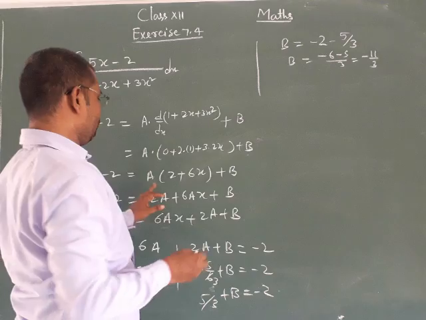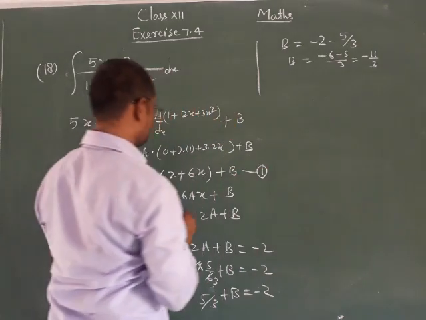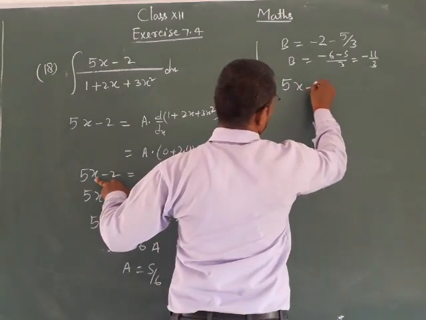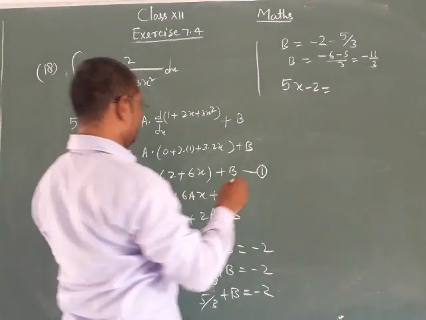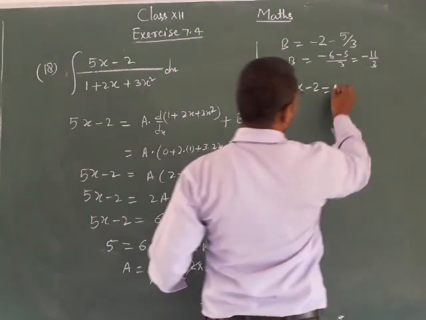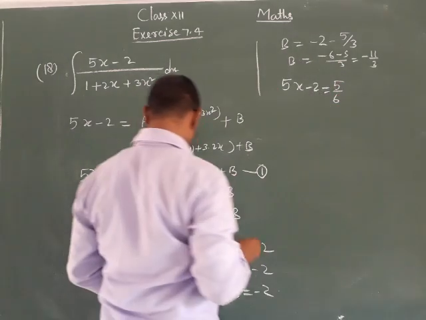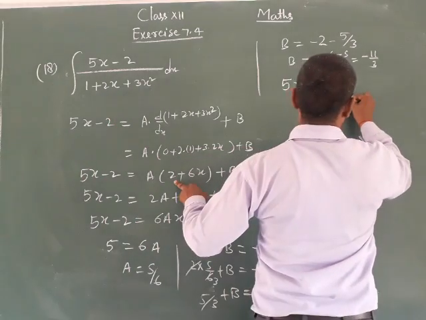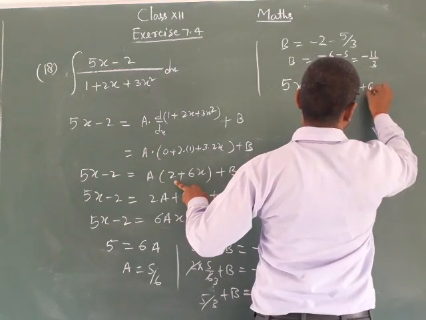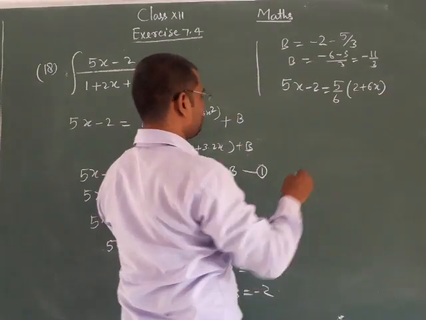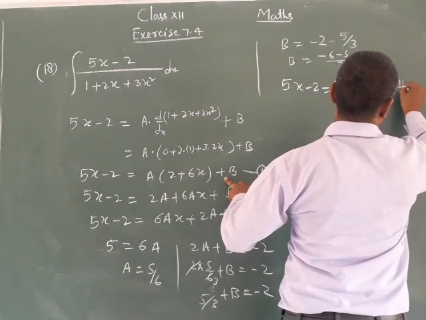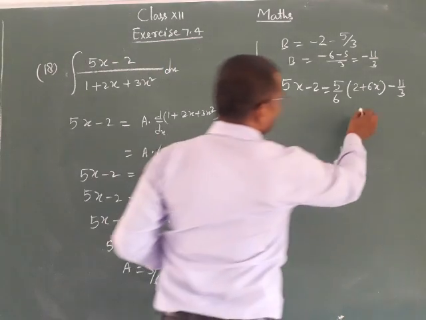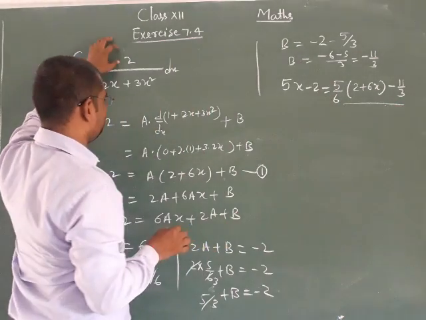So now put in the first question: 5x minus 2 is equal to a means 5/6 in bracket 2 plus 6x, and plus b, minus 11 upon 3. So now put this value in this place.